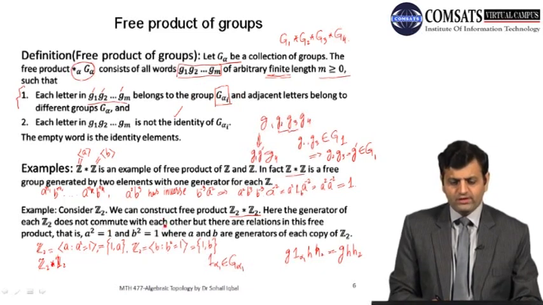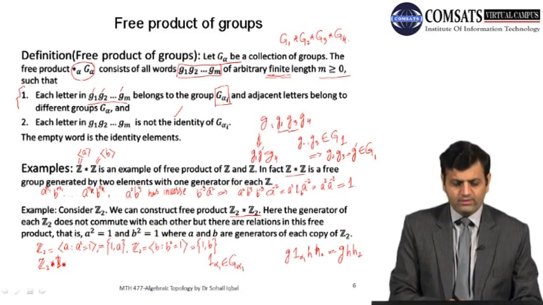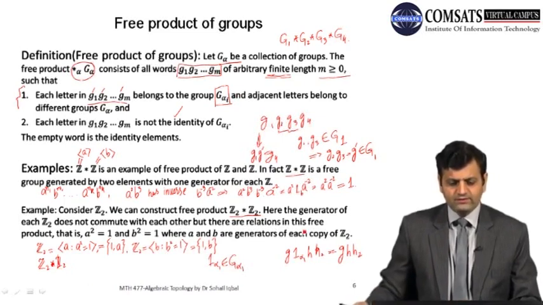So there is no relation involving a and b, but there is a relation involving only a, which is a squared equal to 1, and a relation involving only b, which is b squared equal to 1. There is no relation involving a and b in this free product.